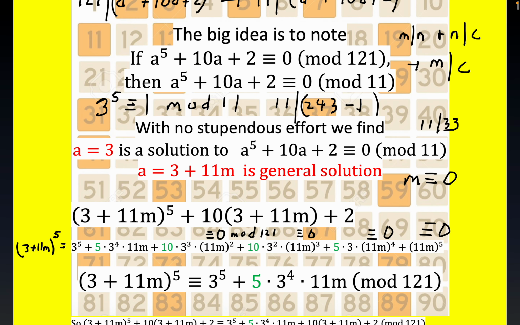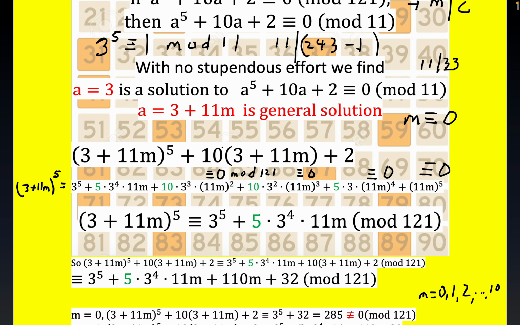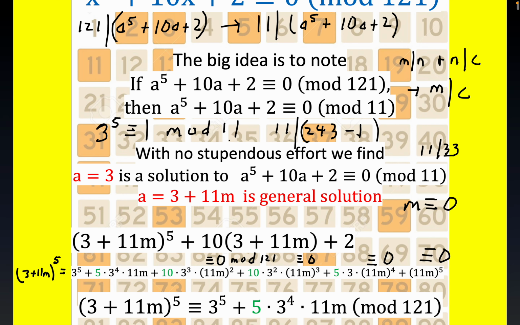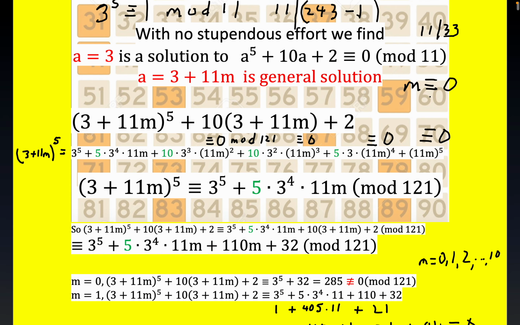But what really helped us here tremendously was this very first idea of all we have to do is check the square root of 121, which is 11, okay? And that's just based on the transitivity of divisibility. And then after we expand this object, we see most of the terms are just congruent to 0.